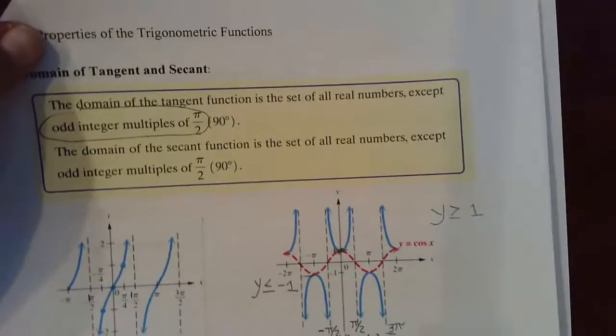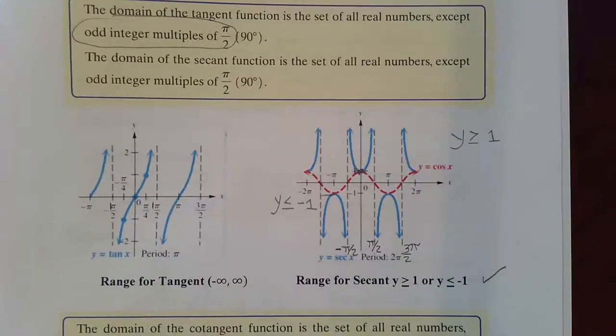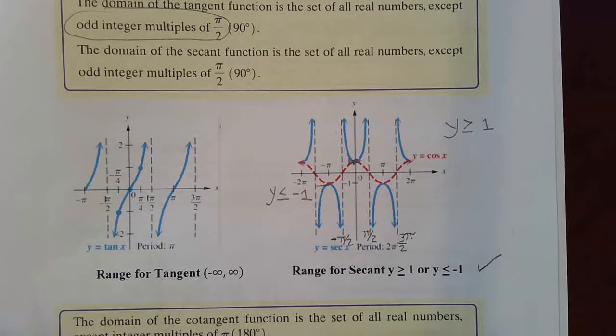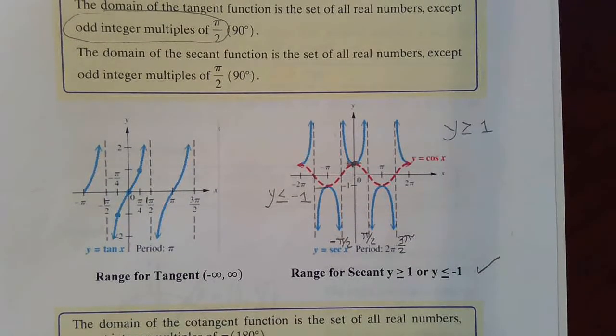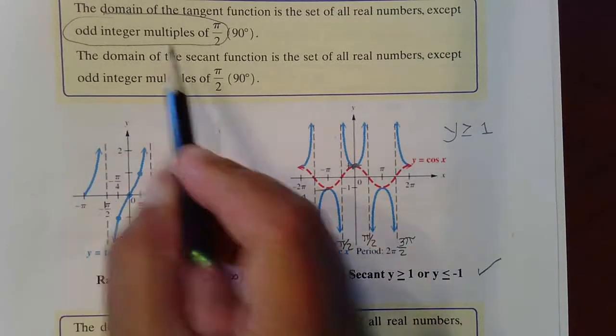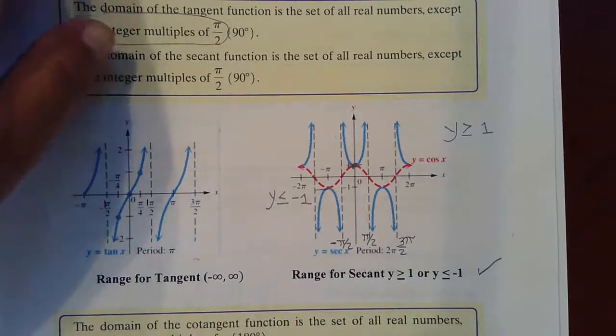All right, so this is what you're looking at to answer that question, one of the graphs that we just went over. So what's the domain? All real numbers except odd integer multiples of pi over 2, as shown by the asymptotes and stated up here at the top.